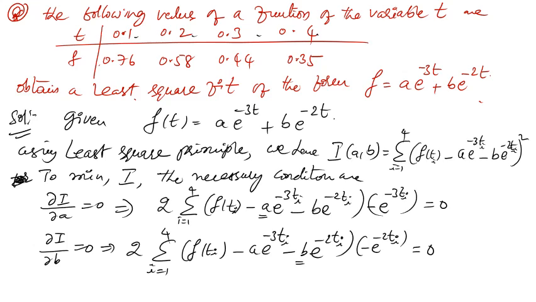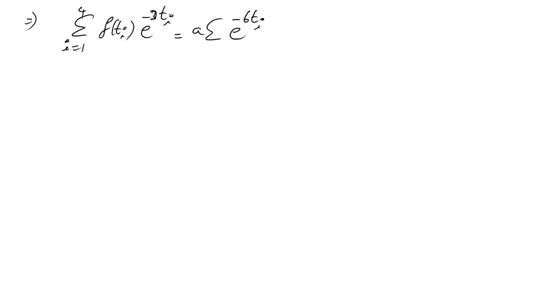After simplification, summation i equal to 1 to 4 of f of ti into e to the power of minus 3ti equals a into summation e to the power of minus 6ti plus b into summation e to the power of minus 5ti. This is the first normal equation.